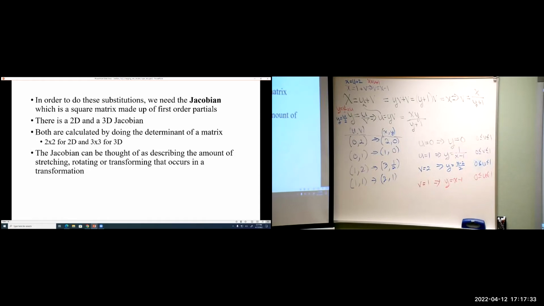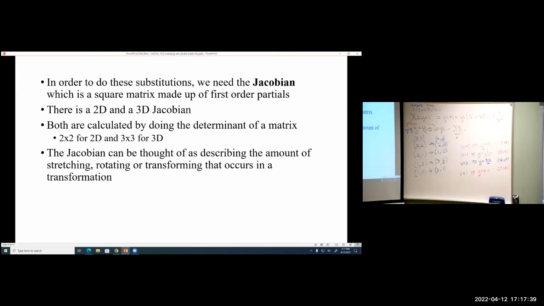So when we do u sub, remember we find the du, and that helps us make our substitution. We have that same thing going on in double and triple integrals, but it's called the Jacobian. And the Jacobian accounts for the stretching and rotating that goes on between the two regions.